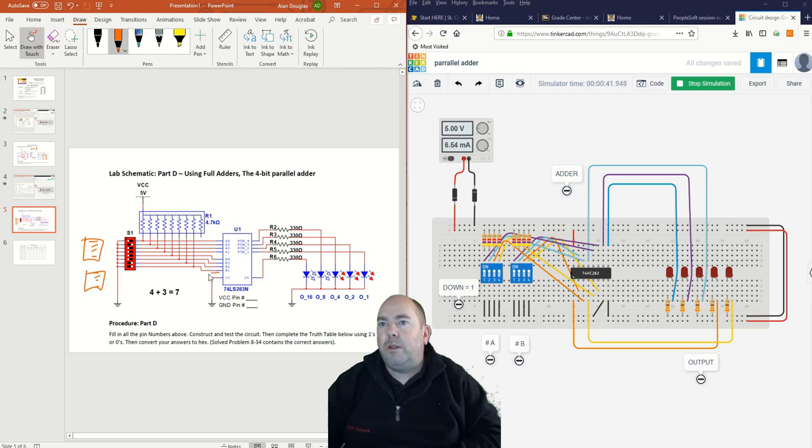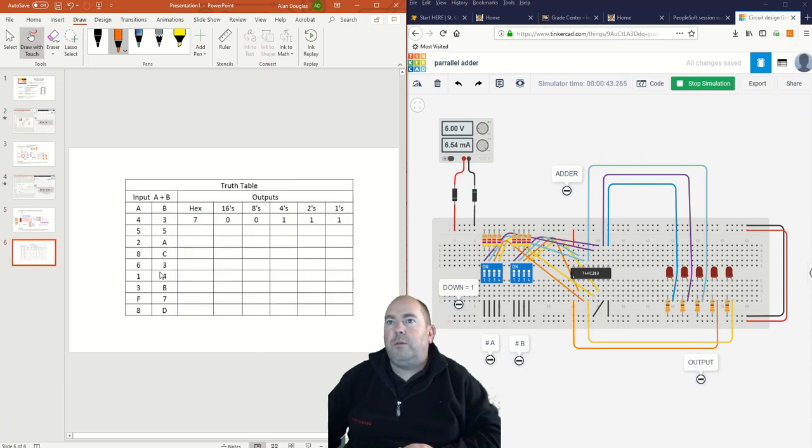Remember as well, this here is the carry in, or C0, of that chip. That is tied to ground as well. That is this wire right here, the carry in, pin number 6. That is tied to ground. Then we should be all set to try some of these combinations.